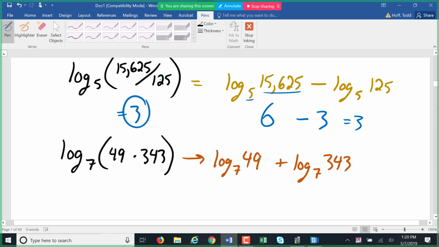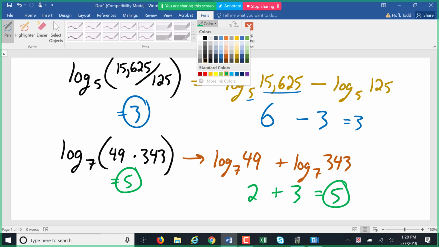What's log base 7 of 49? 2. Log base 7 of 343? 3. So 2 plus 3 is 5. So log base 7 of 49 times 343 is 5.